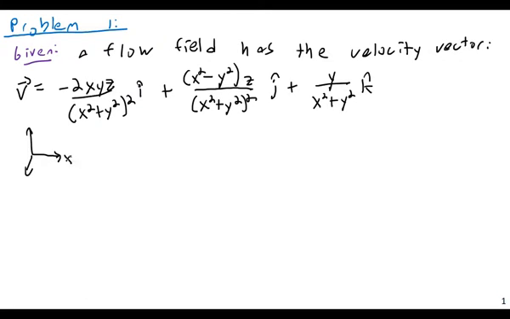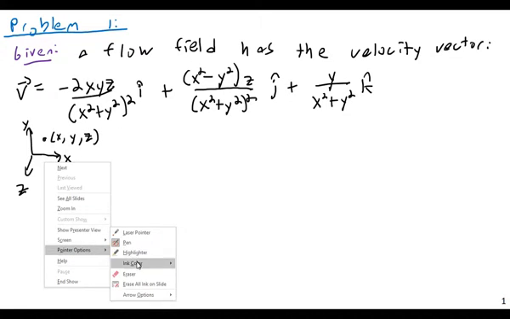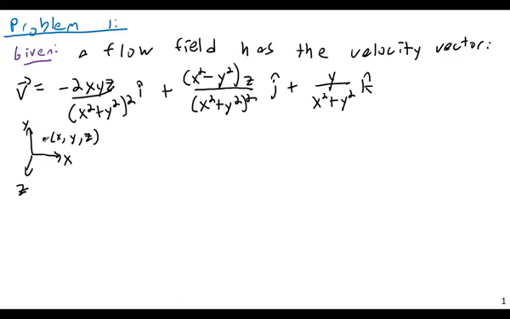So if I put in a certain location, x, y, and z, this equation will then give me a certain vector in the ijk direction, a certain vector for that location.